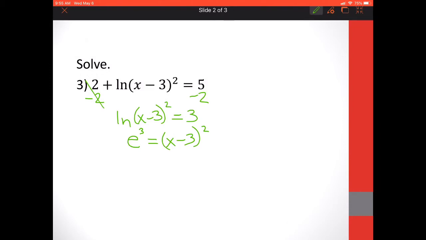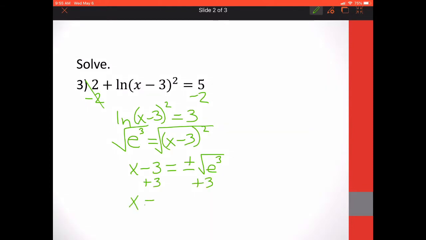Now to get x by itself, I have to get rid of the squared by taking the square root of both sides. So I have x minus 3 equals, now be careful, when I take the square root, I have to take plus or minus, and I'm going to leave it as the square root of e to the third because I don't want to round it till the very end of the problem. And then I'm going to add 3.